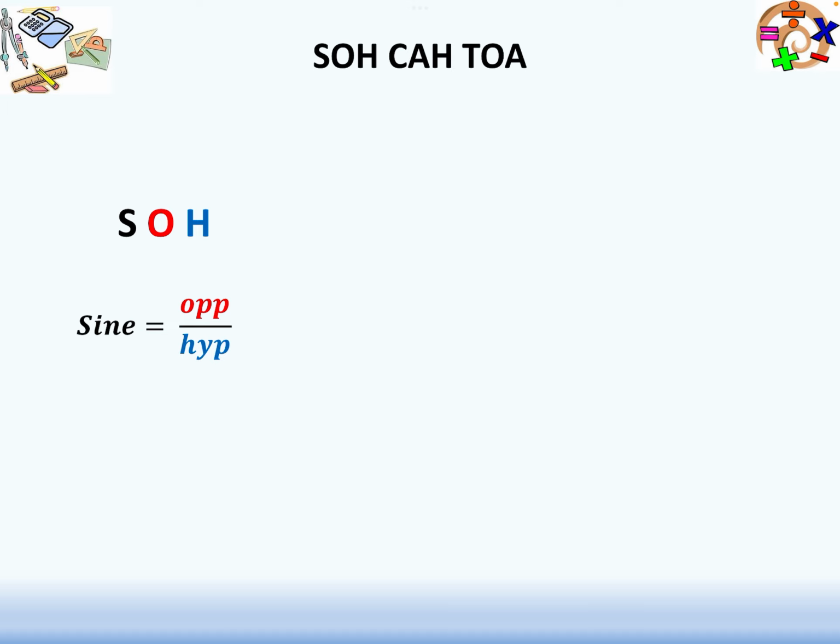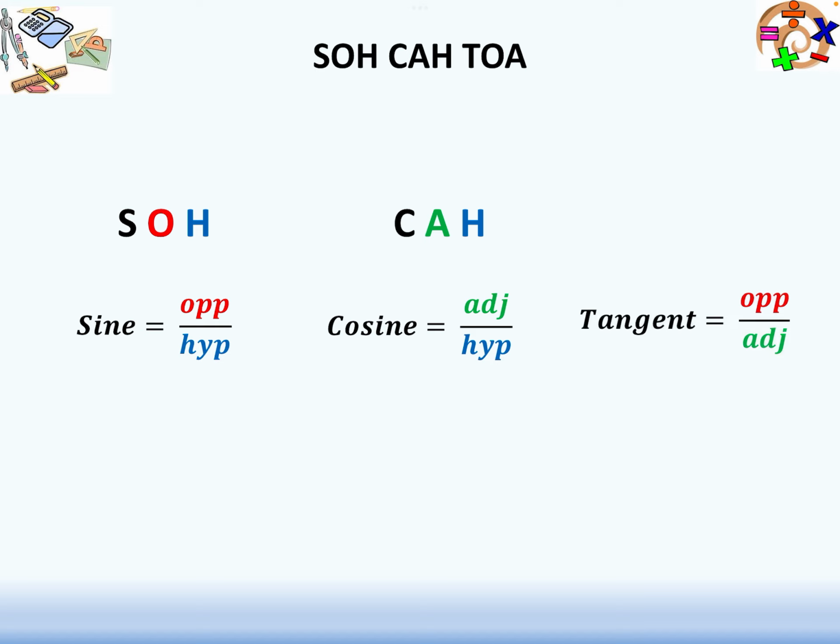The cosine ratio is the adjacent to the hypotenuse. In other words, C equals A over H, or CAH. And the tangent ratio is the opposite over the adjacent, or in other words, T equals O over A, or TOA. So using SOHCAHTOA, we can identify which ratio we are going to use.